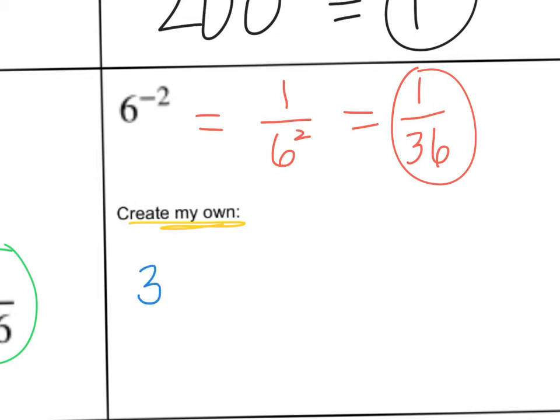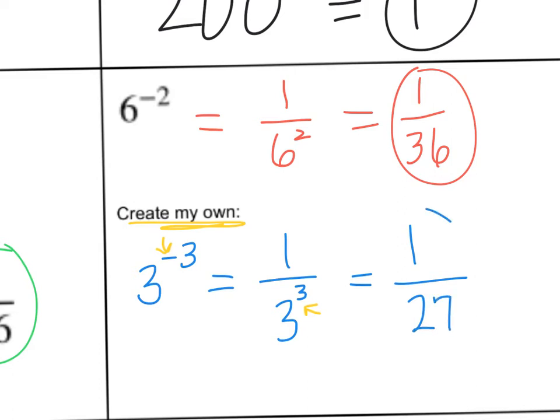So I might do a 3 to the negative 3. Okay, so I know a negative exponent, I make it into a fraction, and I just take that negative 3 and I make it a positive 3 in the denominator. And then we could go one more step and evaluate this. 3 to the third power, 3 times 3 times 3 is 27. Okay, but feel free to make your own example if you don't want to use that one.